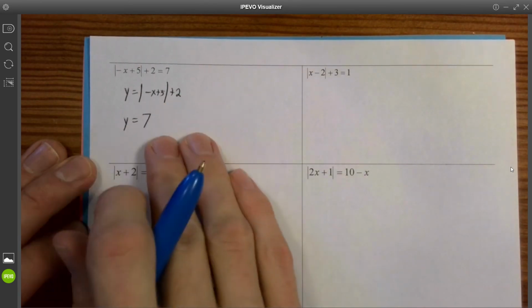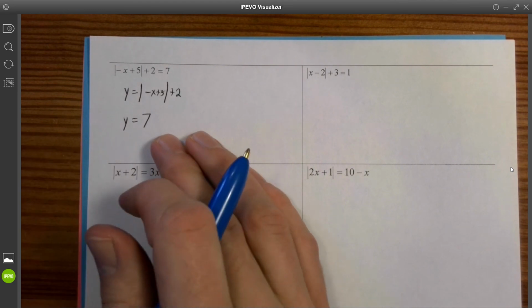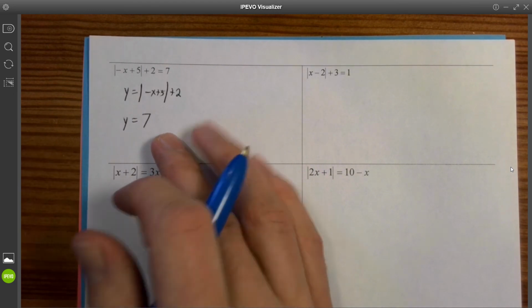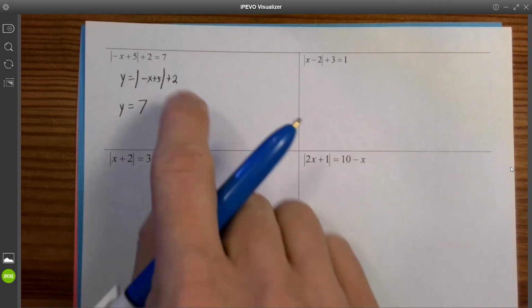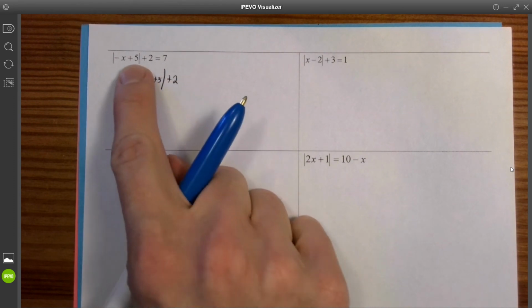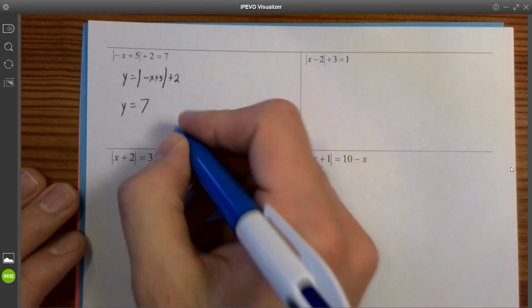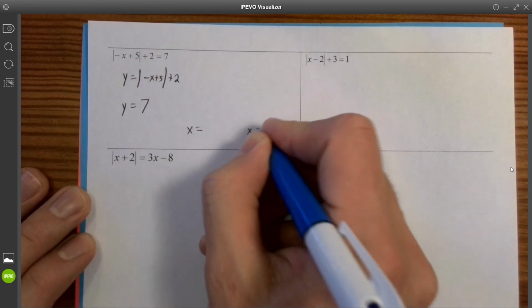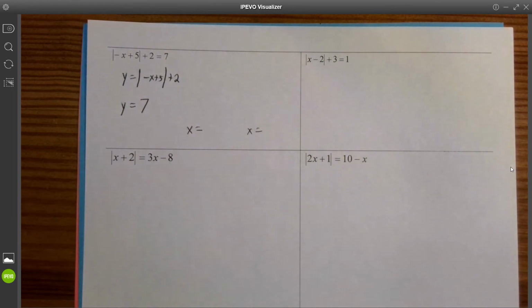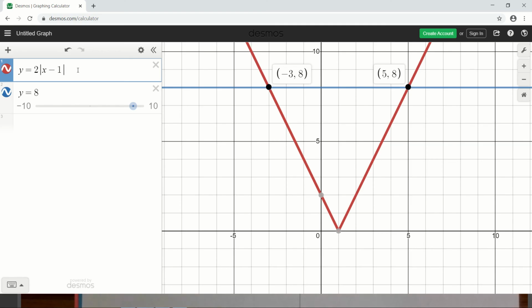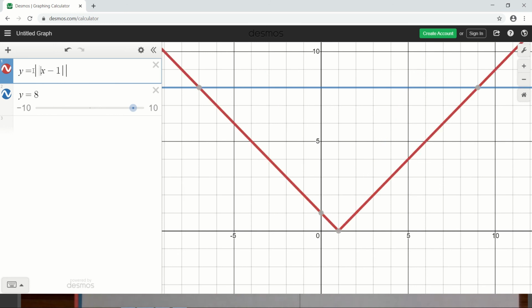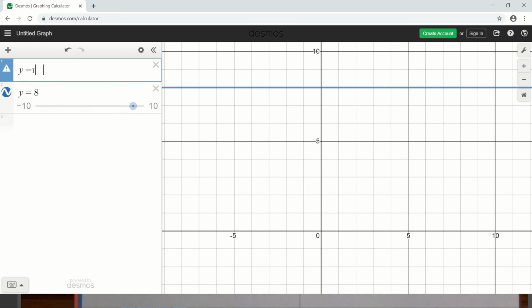Okay, so when I do this, I'm going to find maybe 2 points where they intersect. I'll go ahead and say there are definitely 2 points where they intersect. And I'm looking for the x values because that's what they told me to solve for. So the final answer is going to be x equals something and x equals something. And we'll find out what they are. So here goes. Y equals the absolute value of, oh, we got a mess here, don't we? Okay.